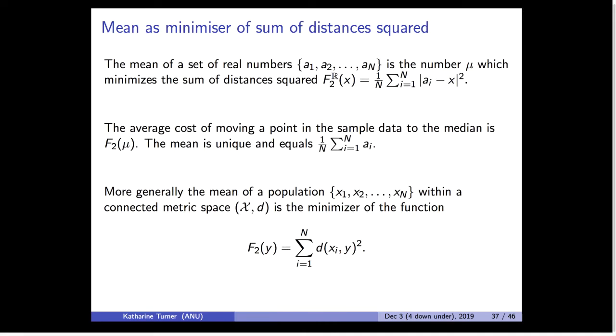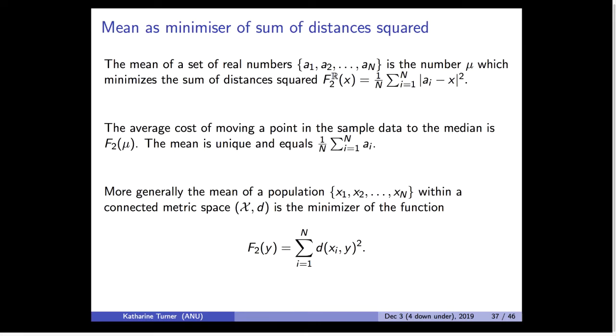All right, so you can define this for the real line. You can define it for points in Euclidean space. You can define it on a manifold. You can define it on any metric space, basically. Whether it's computable or not will depend upon how nasty that metric space is. Whether it's stable or unique will depend upon how nasty that metric space is, but you can define it.